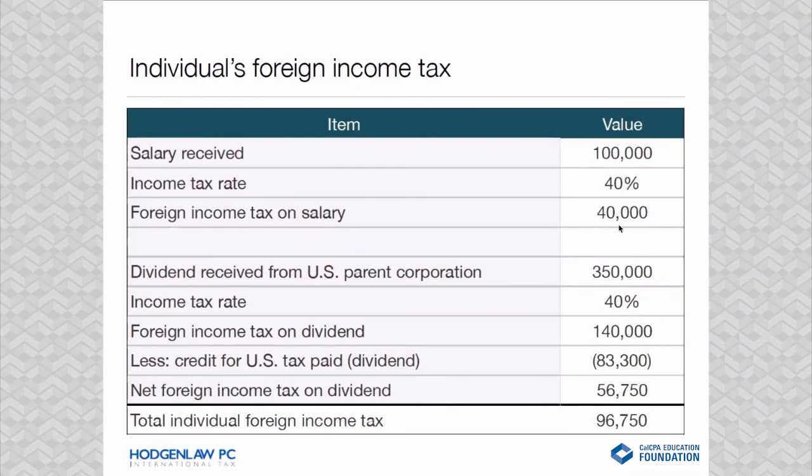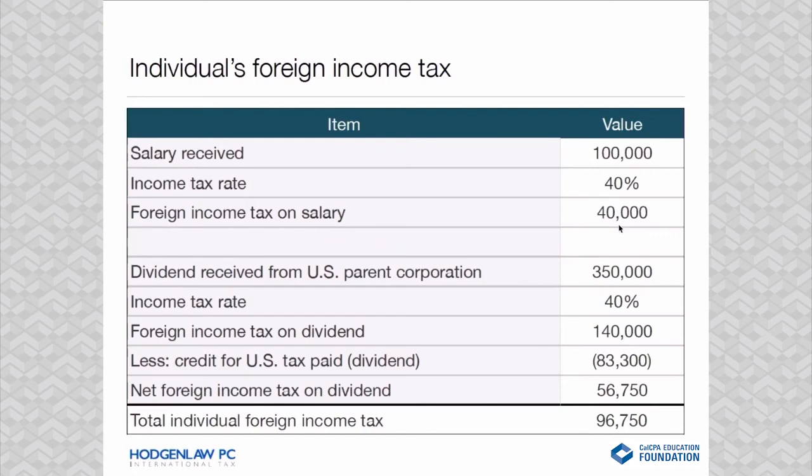The individual. Here's what's happening on the individual side. And the purpose of this slide is to show you, let's see, the third line from the bottom, the one that says 83,300 in parentheses.